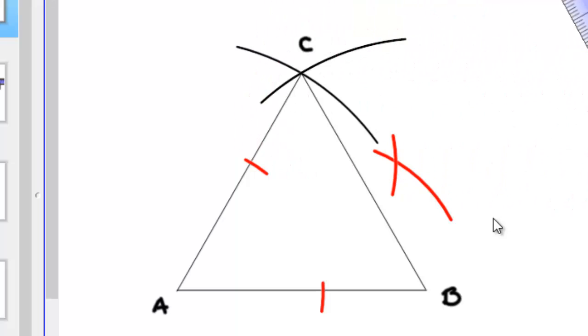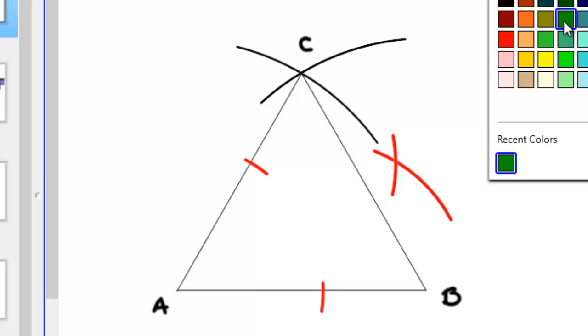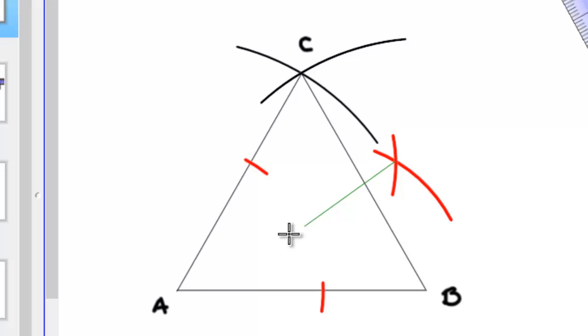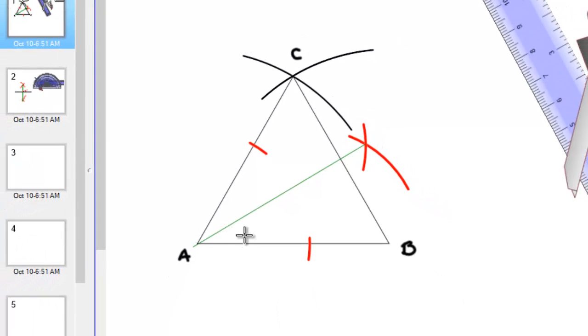This intersection point, if I join it with A, is going to be my bisector. So let's say I'm going to use the green color with a thin line, and I join the intersection with point A. Now, if this angle is a bisector of 60, for sure that means it's 30 degrees.